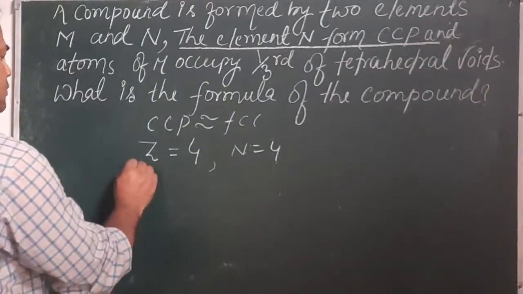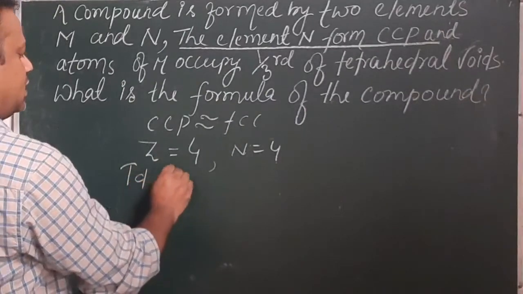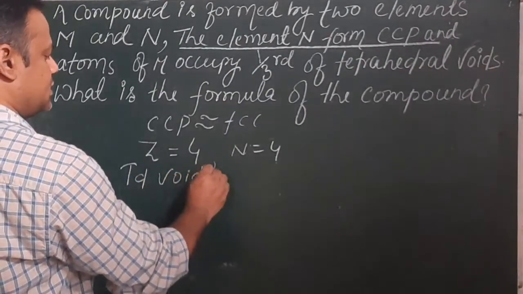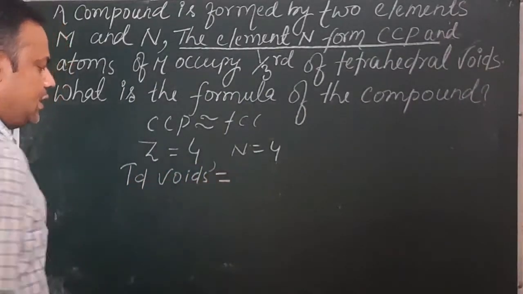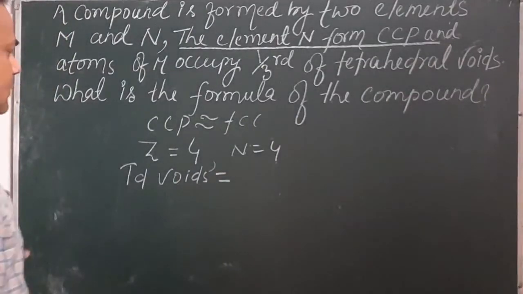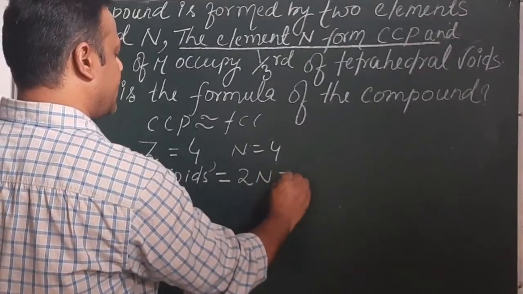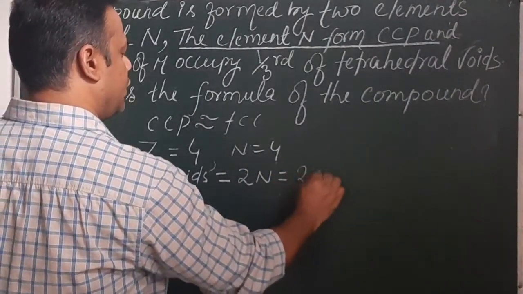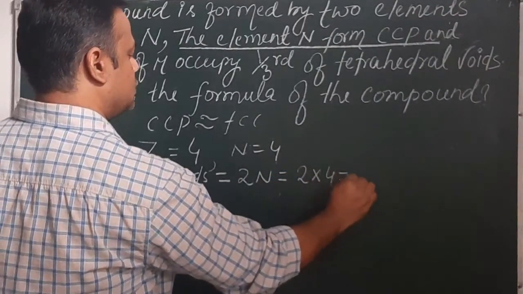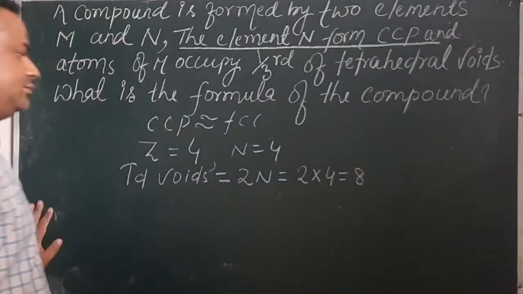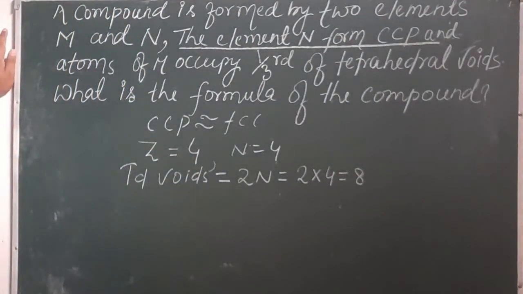Then we know that the number of tetrahedral voids is equal to 2n. So the number of tetrahedral voids here will be 2 into 4, that is equal to 8. So total number of tetrahedral voids is 8.